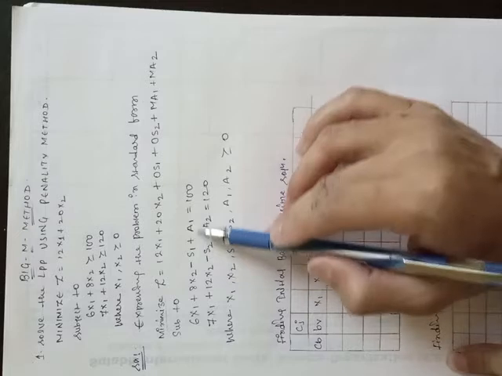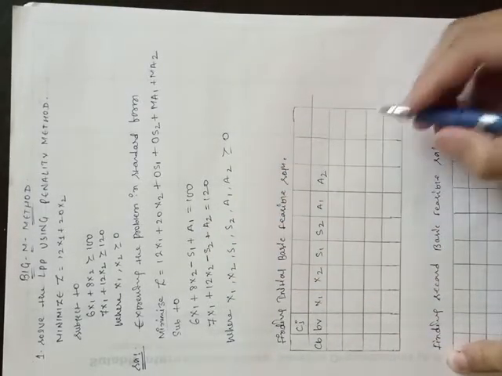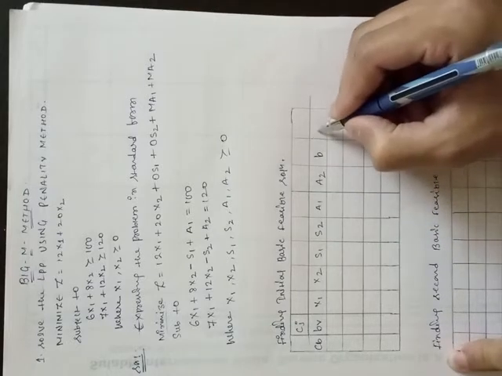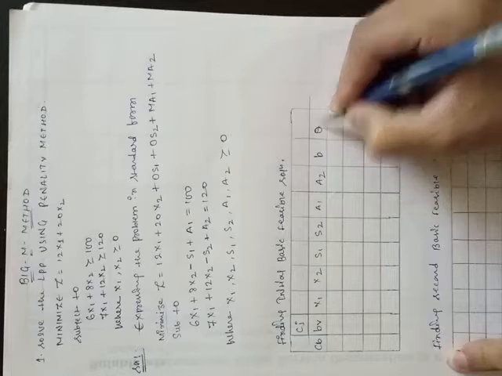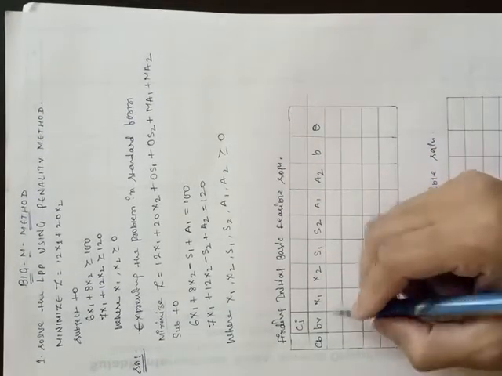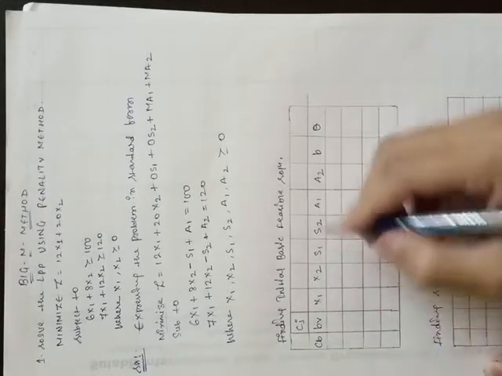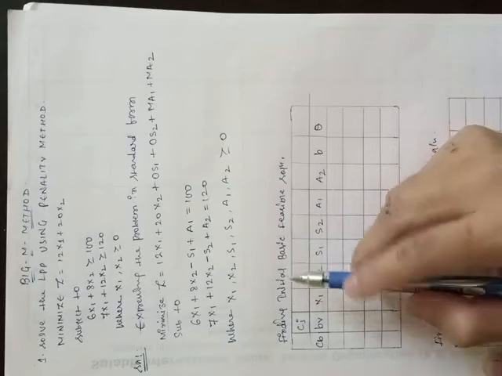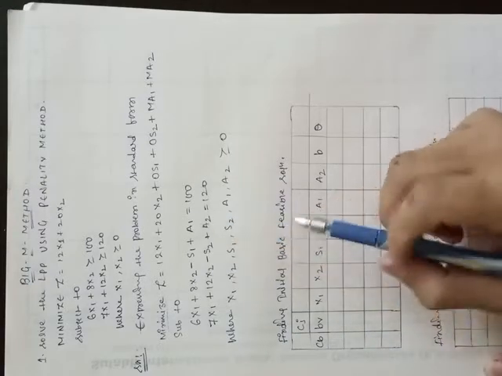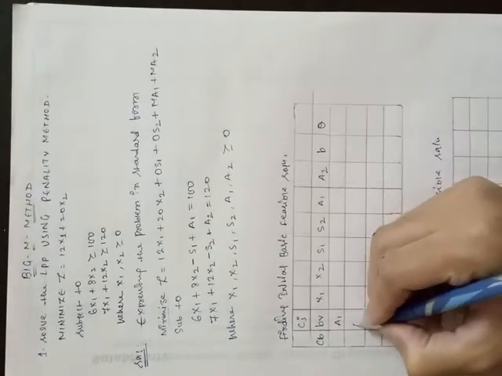Then b, and another column for the ratio, that is theta. In the basic variable column, write the artificial variables a1 and a2, which are the two basic variables.